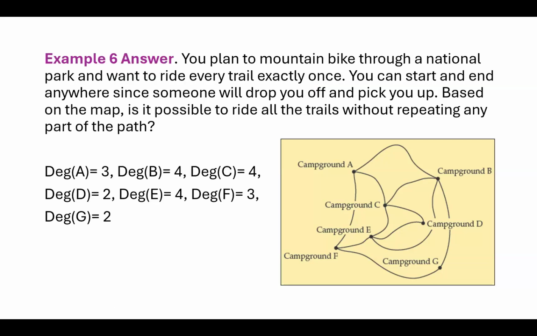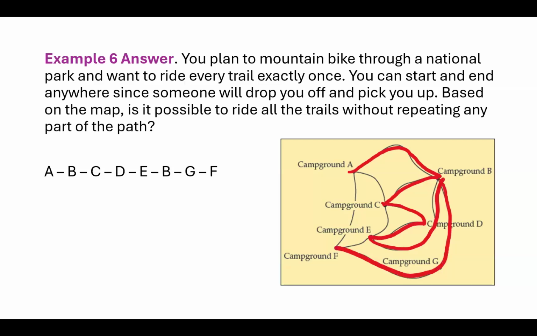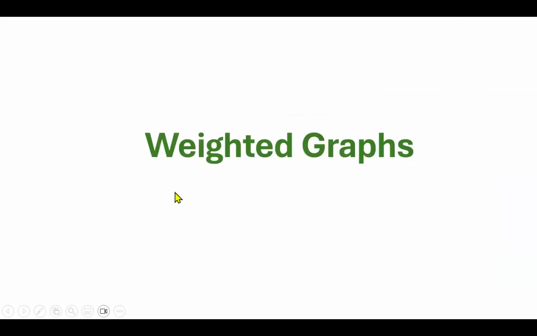So you analyze all of the vertices and you realize that A has degree 3 and F has degree 3 and all of the other ones have even degrees. That means it is possible, but you have to start at A or at F. So I created one of these. You can see how this biker would travel through all of the edges, starting on A and ending on F. And then I put here the path.